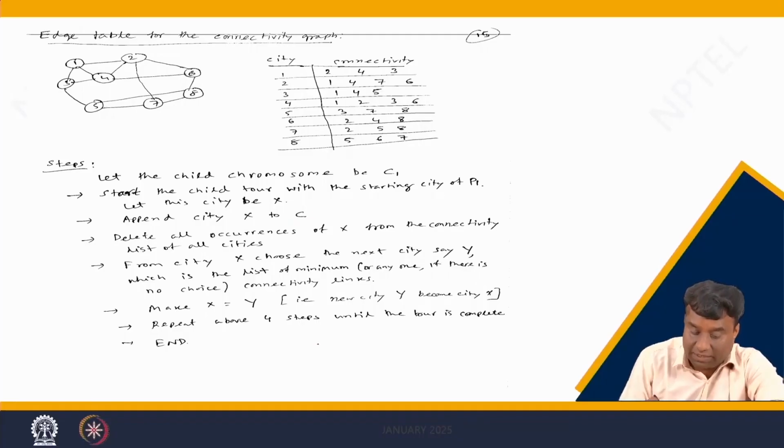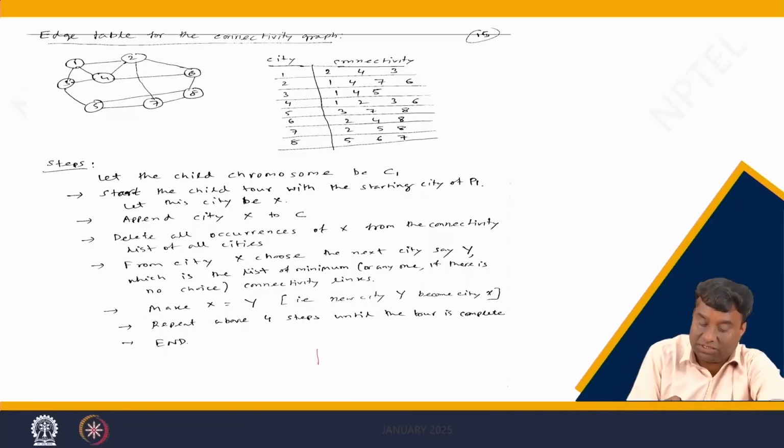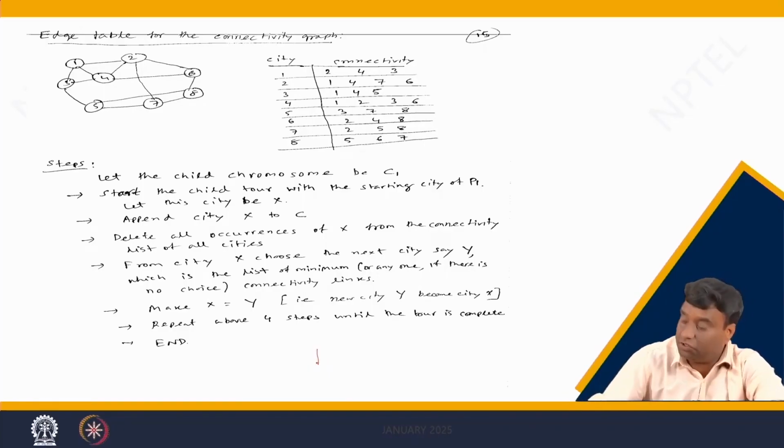First you write 1, then delete all occurrences of X from the connectivity list. So we delete all the 1s because we already reached 1. From city 1, choose the next city Y which has the least connectivity. If there is no choice, pick randomly, and repeat these steps until the tour is complete. In this way we get the edge recombination table.